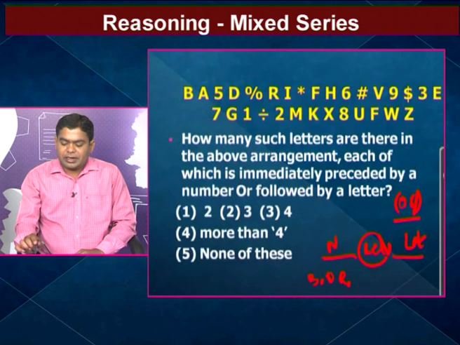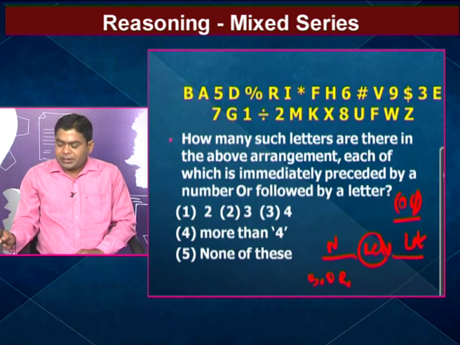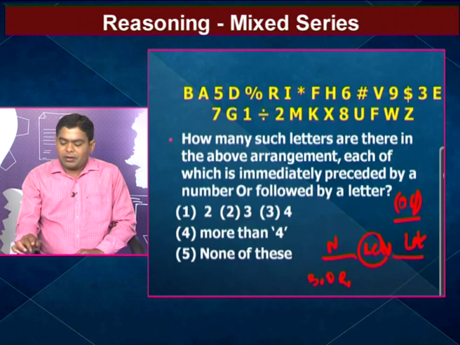Next we go to the next letter, that one is I. It is preceded by a letter, but according to our condition the letter must be preceded by a number, so that's why it is not satisfied. That's why we go to the other side, that means the right side. The right side must be followed by a letter, but here I is not followed by a letter.